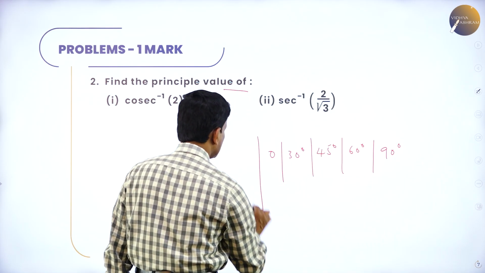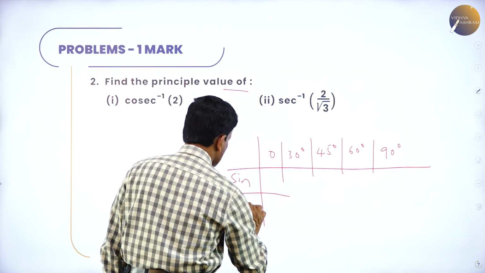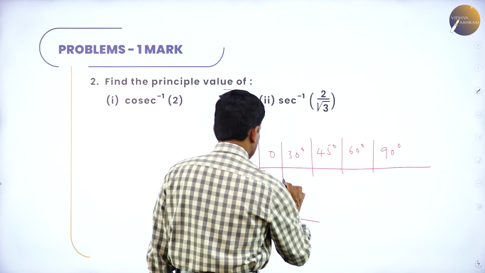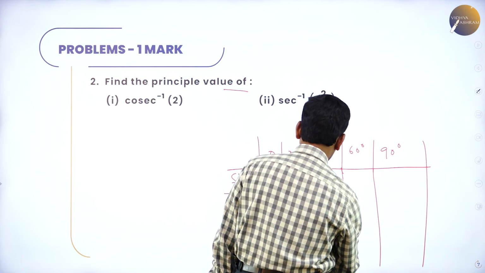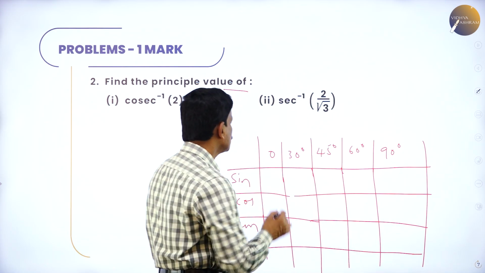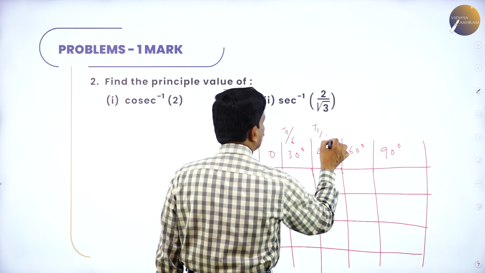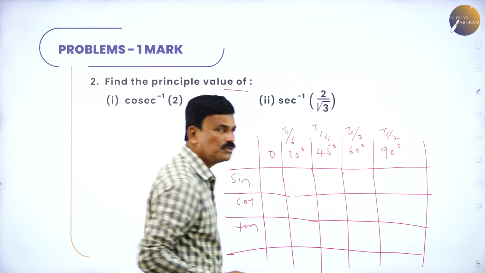The trigonometrical ratios are sine, cos and tan. So this is nothing but pi by 6 radians, this is pi by 4 radians, this is pi by 3 radians, this is pi by 2 radians.